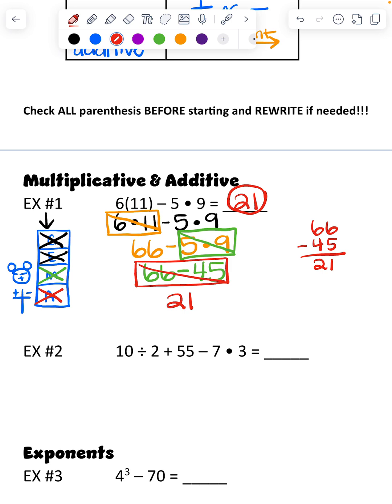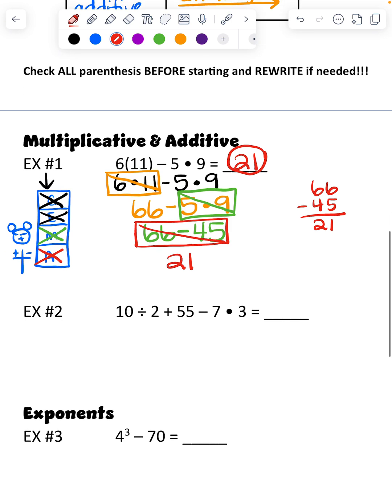Let's try example 2. So in example number 2, it says 10 divided by 2 plus 55 minus 7 times 3. So I see lots of operations, which means I'm going to need to draw my GEMA tower.